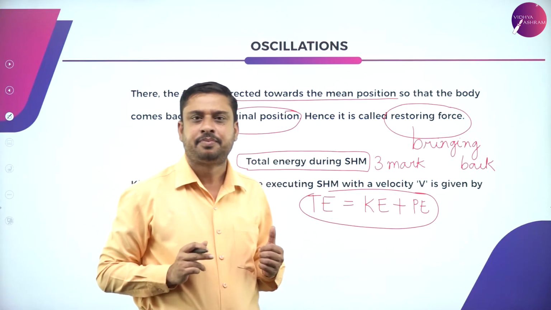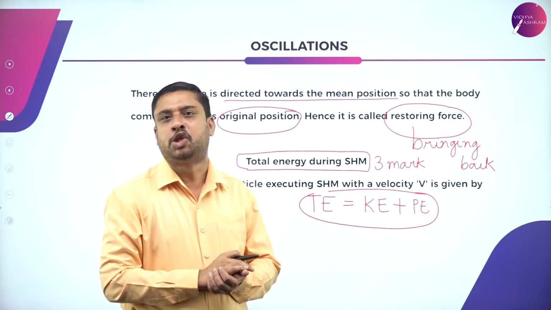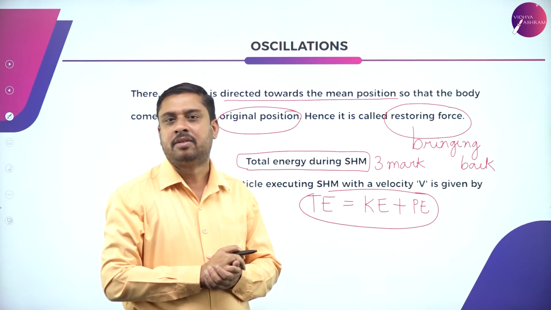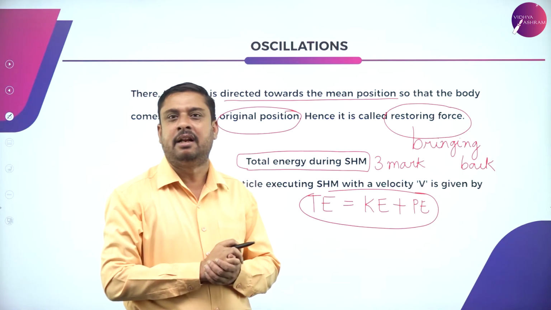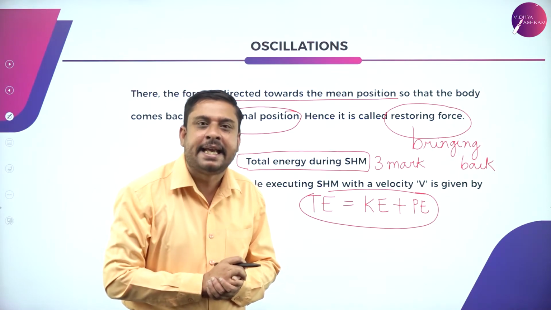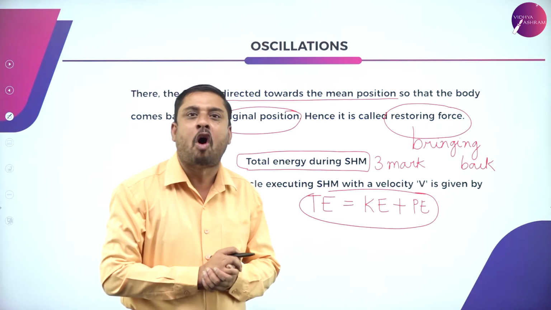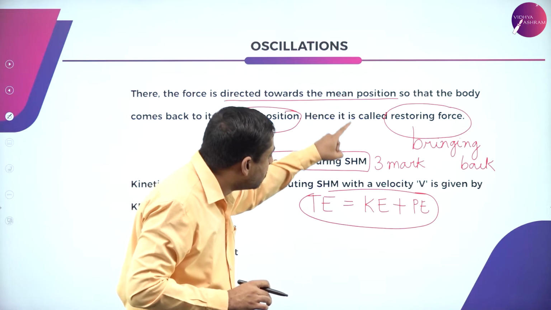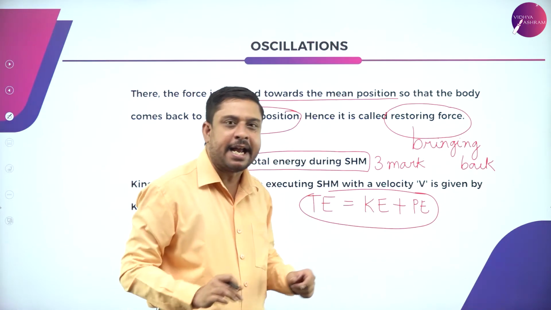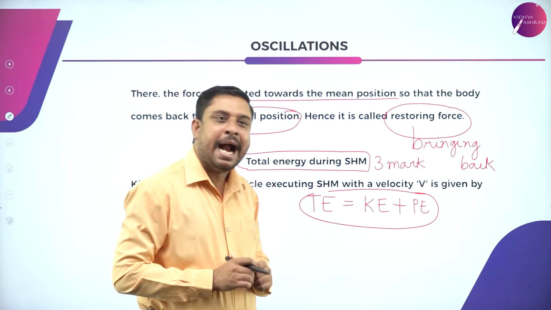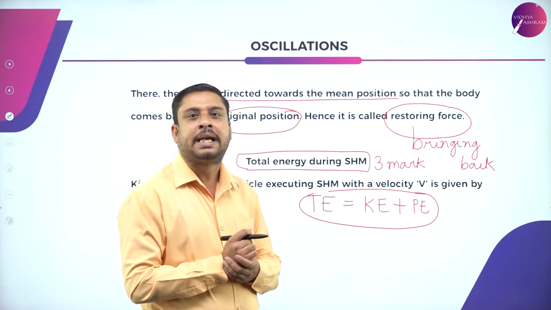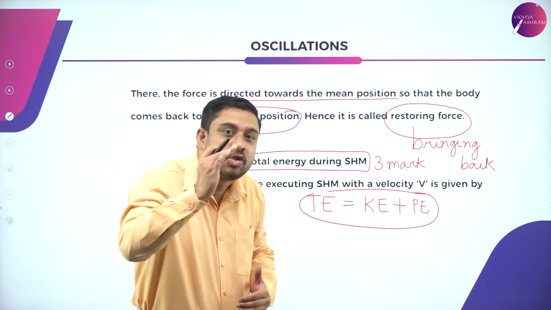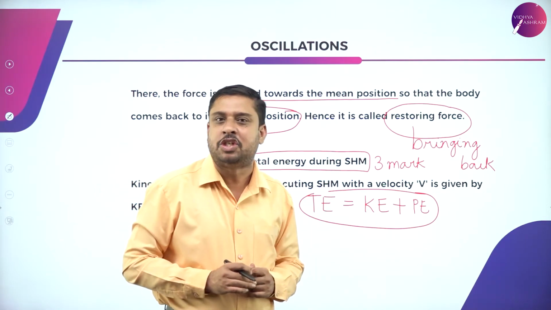That means, in order to calculate the total energy of a particle executing simple harmonic motion, first I need to calculate its kinetic energy, and then I need to calculate its potential energy, and that sum is called total energy.